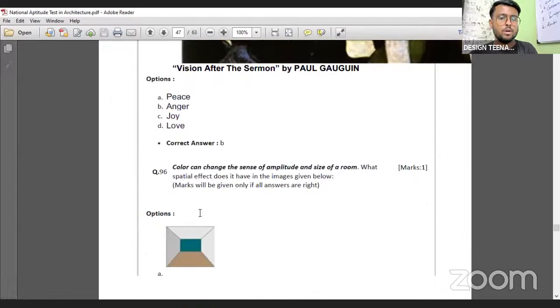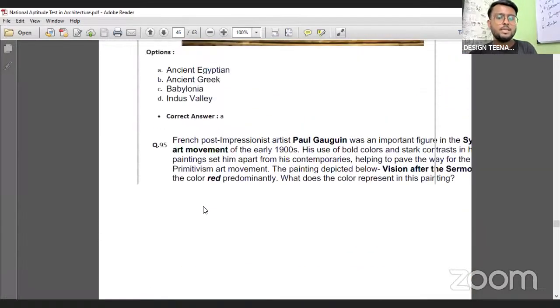Color psychology we discussed, right? Let's see this question. The French post-impressionist artist Paul Gauguin was an important figure. They have told about this artist, what kind of colors he used, what his vision and concept were, and why he used them.